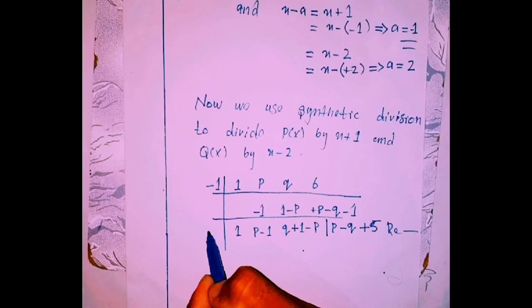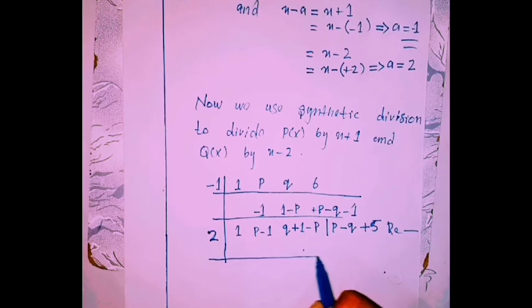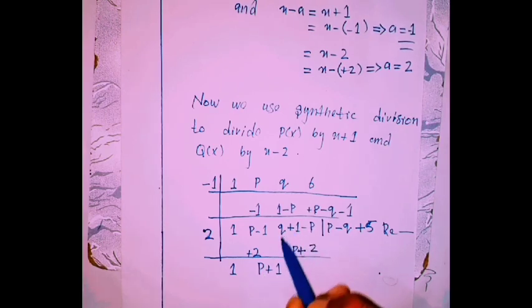And now we have to divide the quotient we have by 2. So if we divide the quotient by 2, we put 1 as it is. Now 1 into 2 is 2, so p minus 1 plus 2 is p plus 1. Now if we multiply 2 with p plus 1, we get 2p plus 2.